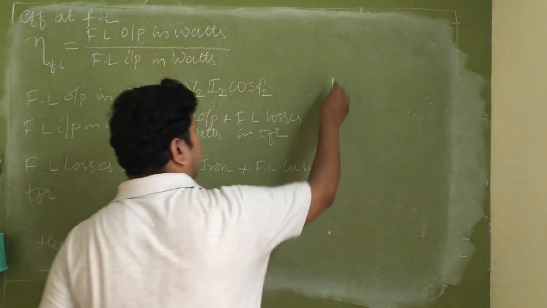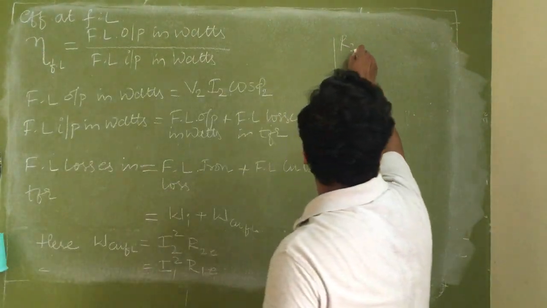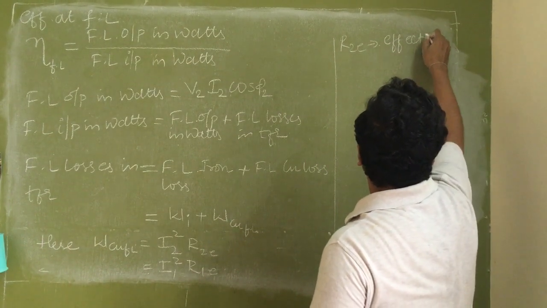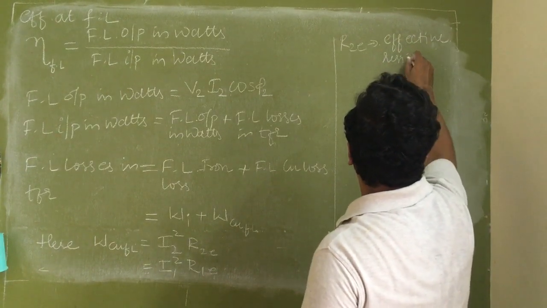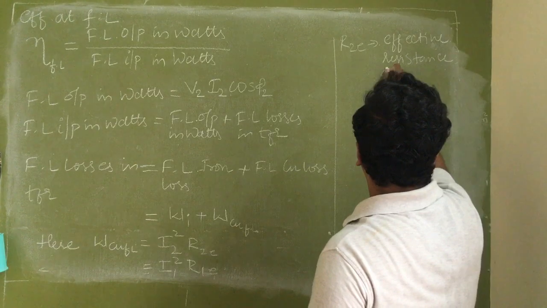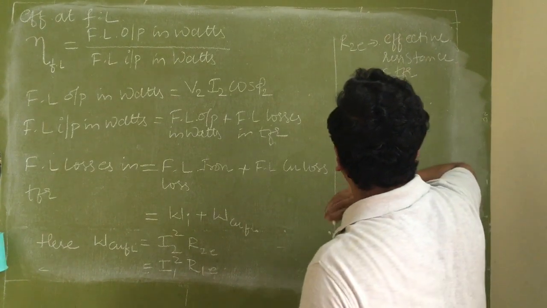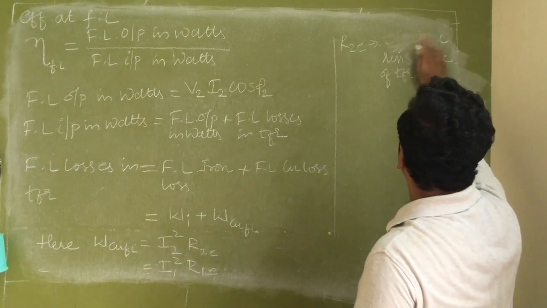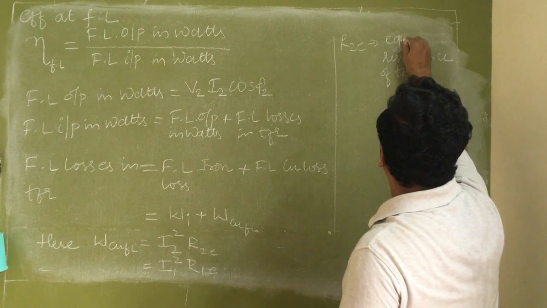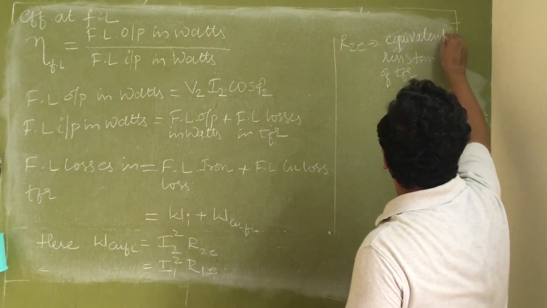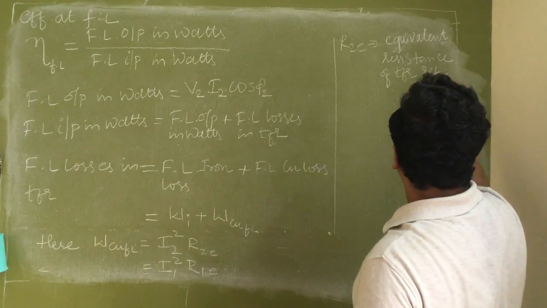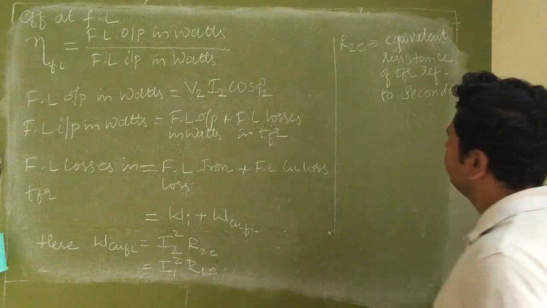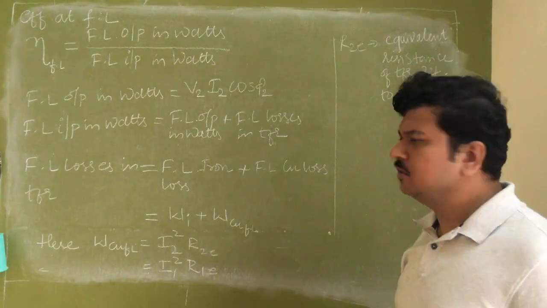What is R2E and R1E? R2E is the effective resistance of transformer, or equivalent resistance of the whole transformer, referred to secondary.